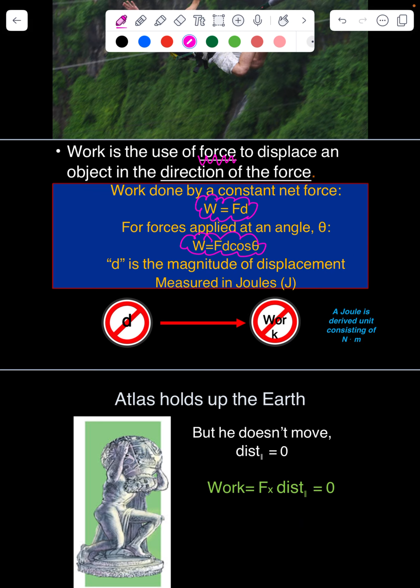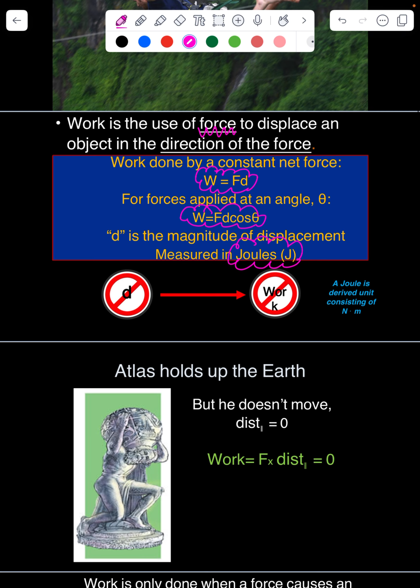Well, whenever we talk about work, it is measured in joules, that capital J. Just like the newton, a joule is also a derived unit. So even though it's just one single letter, it's still a derived unit. We know work is equal to force times displacement. So that tells us that 1 joule is also equal to a newton meter.